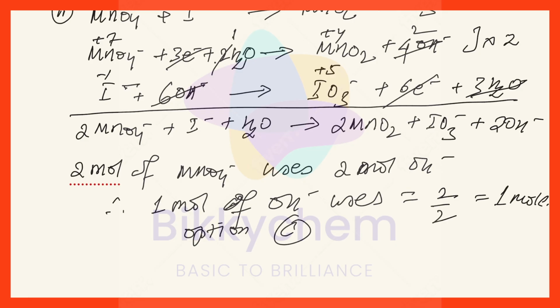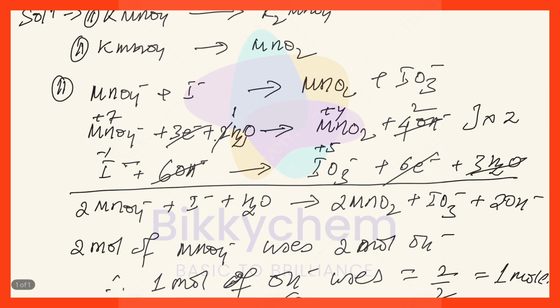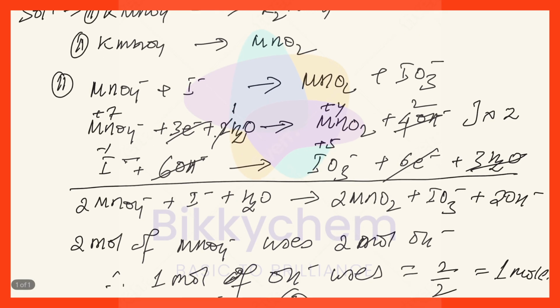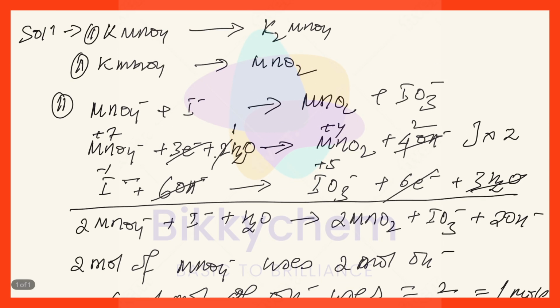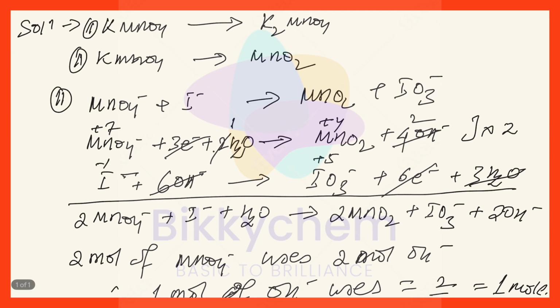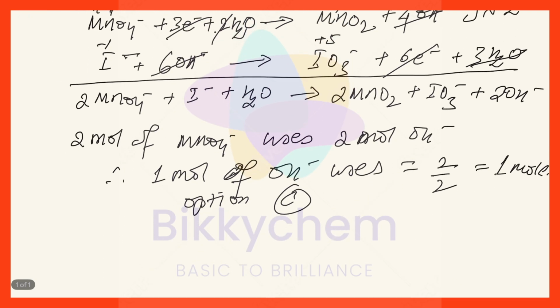And for the first one, that is KMnO4 converted into K2MnO4. Usually this reaction is not possible, but under controlled condition it is possible, so we'll consider that one also.